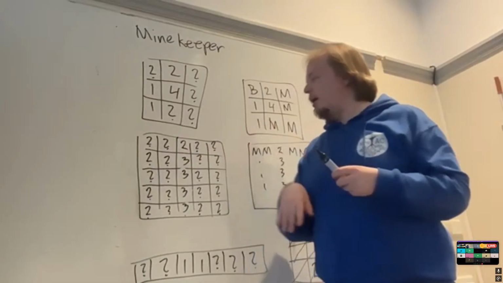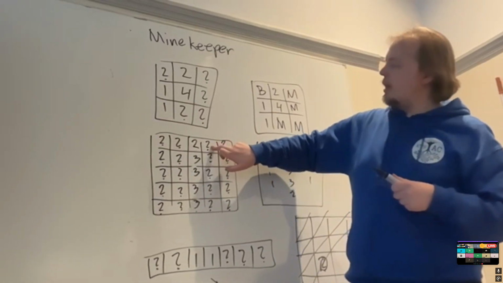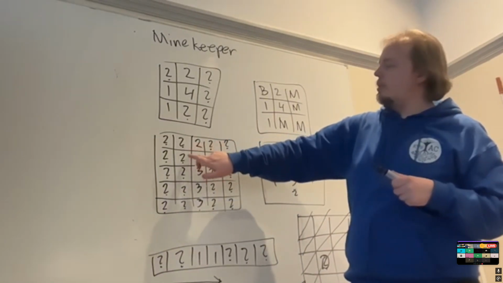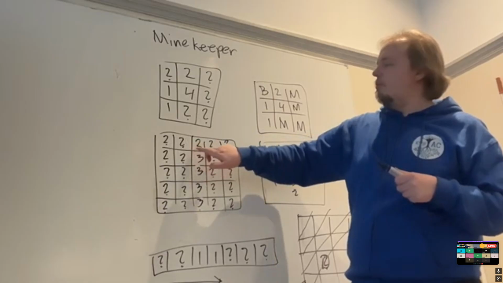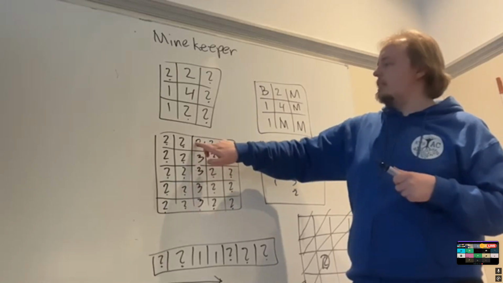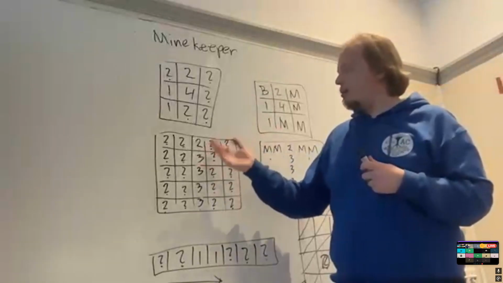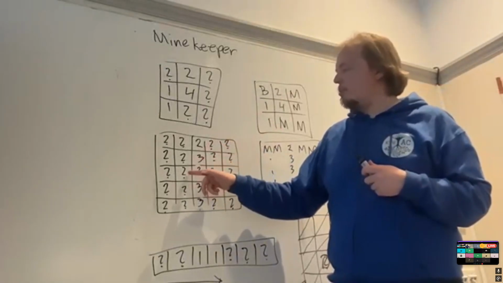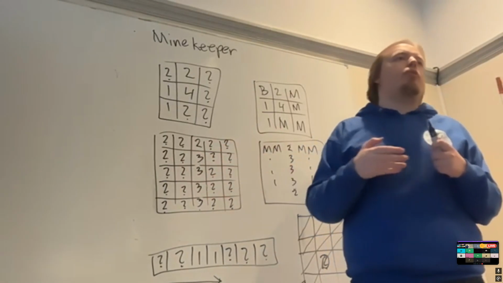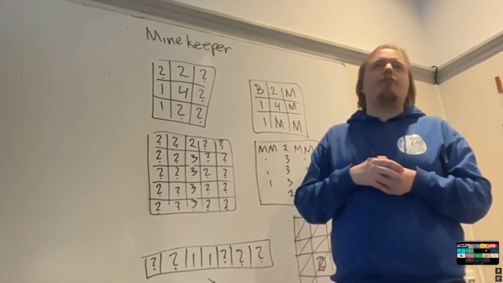But anyways, now when we get to this guy, we already know that these 2 are mines, which means that this has to be black. And then we just continue like this. 3 is known already. And then you have a question mark here, it's an extra mine. So you have to think about it a little bit.